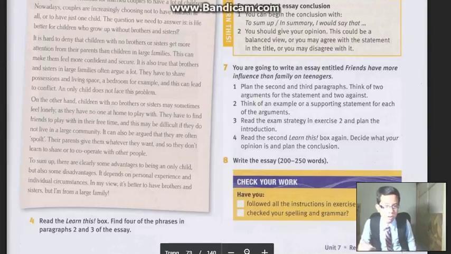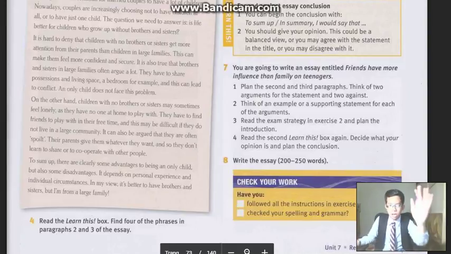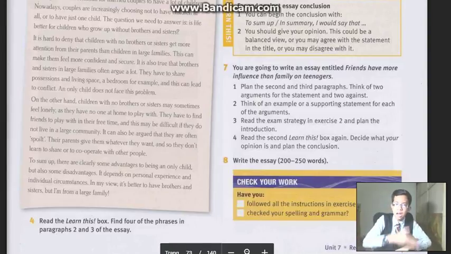So now I'm going to give you the homework, or maybe because you're learning online, I don't call that homework, I call that practice. You're going to write an essay entitled "Friends Have More Influence Than Family on Teenagers." First, you have to plan the second and third paragraphs.